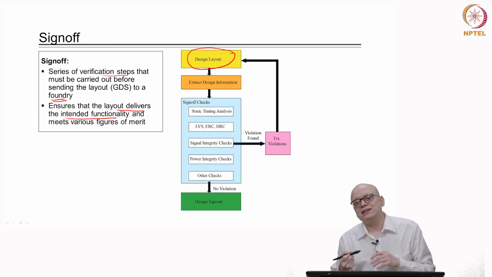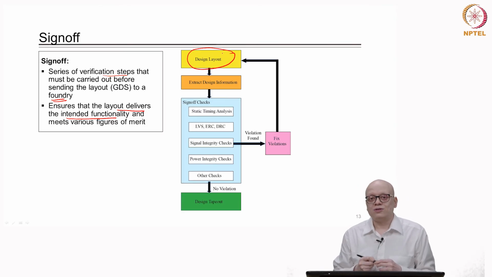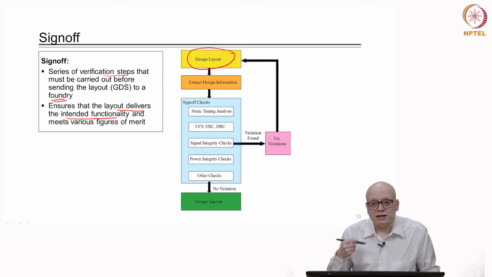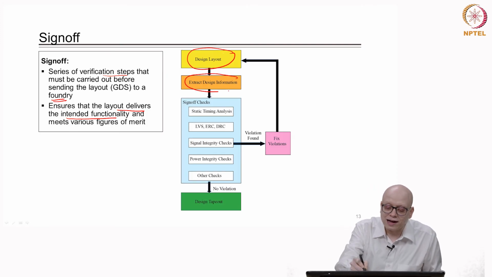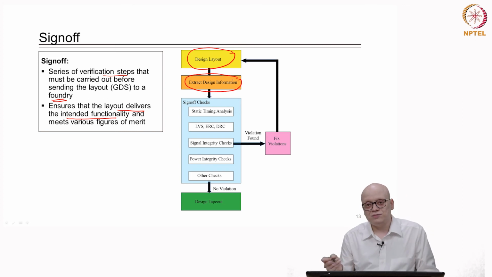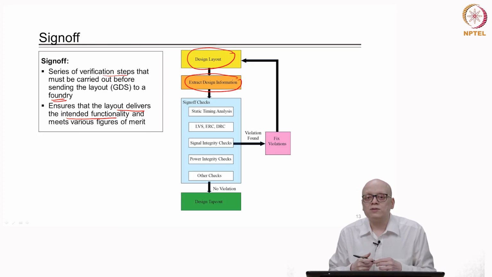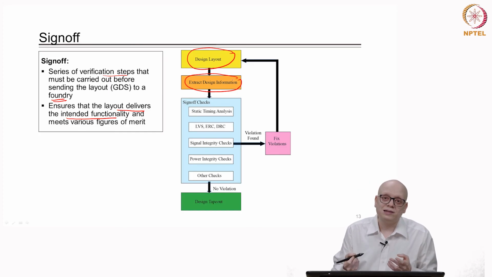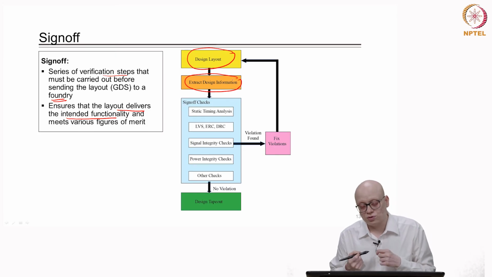This layout was created, say, after detailed routing, and then from this layout we extracted design information. We saw what layout extraction is, and using layout extraction we got various information like the parasitics, the netlist, and so on.